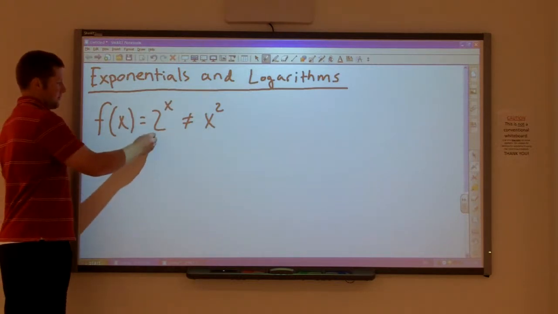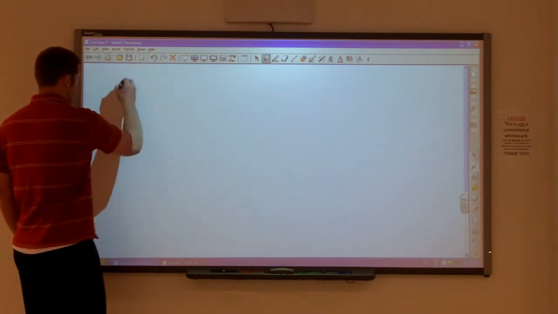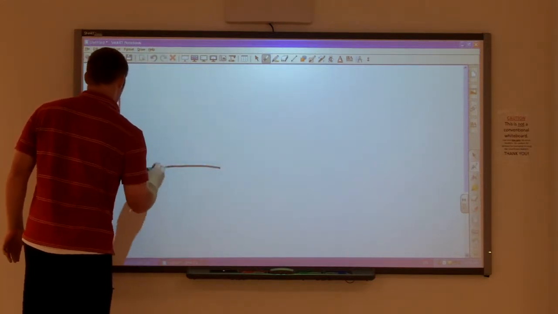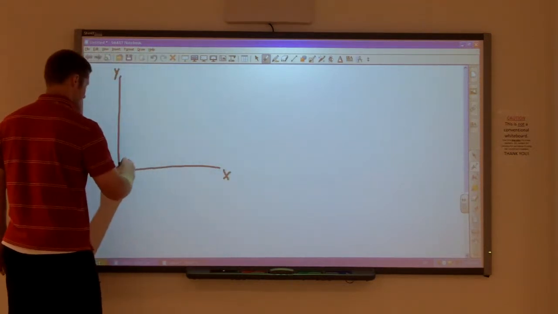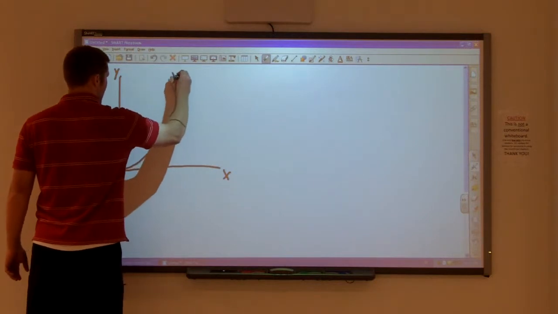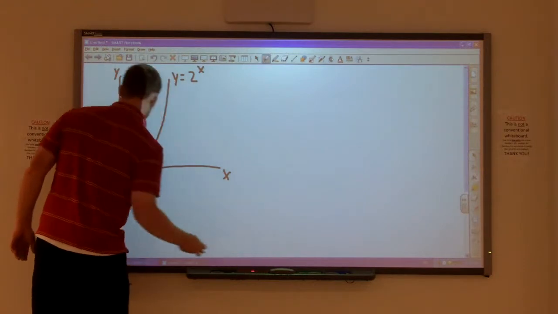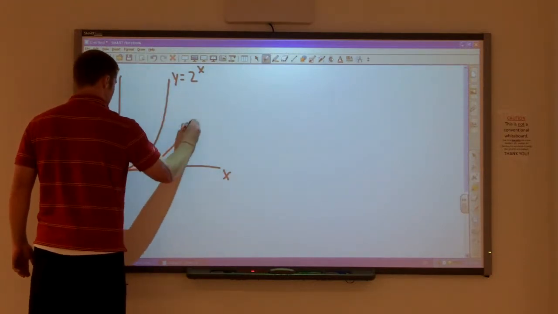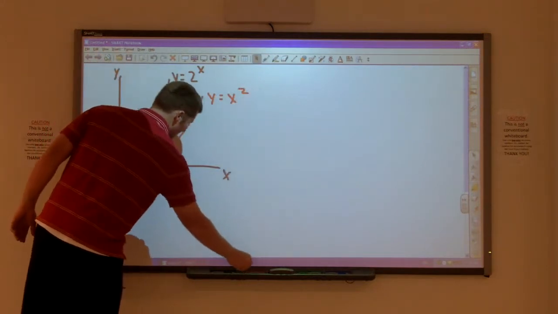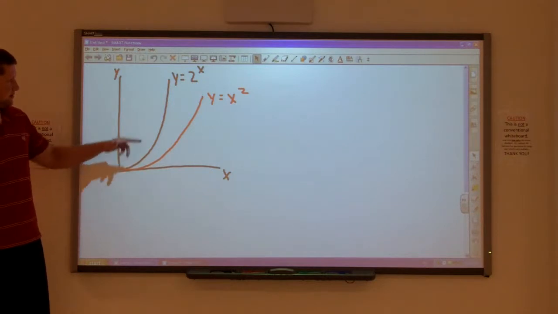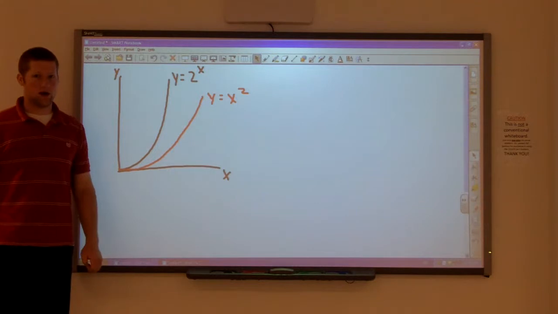In fact, these exponential functions increase much more quickly. If we graph them side by side, we would see that this exponential function increases much more quickly than the polynomial y equals x squared.